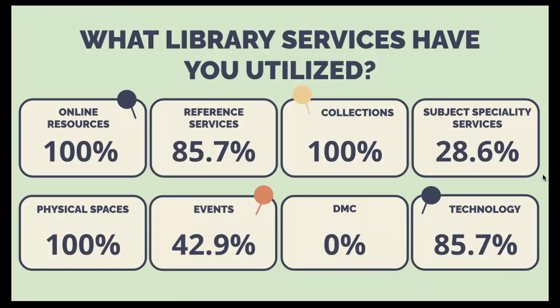And then 85.7% said yes to reference services and tech. And then 28.6% said subject specialty services, which is like your subject librarian or any sort of additional higher level help. And then events were at 42.9%.